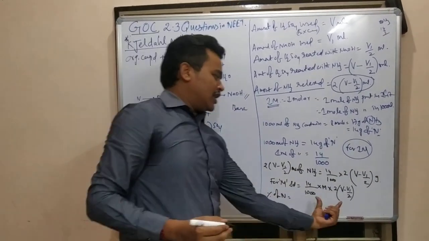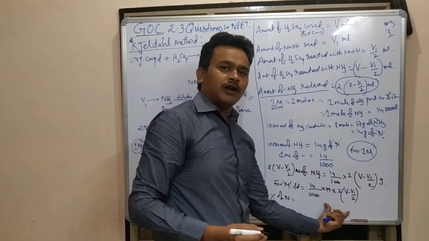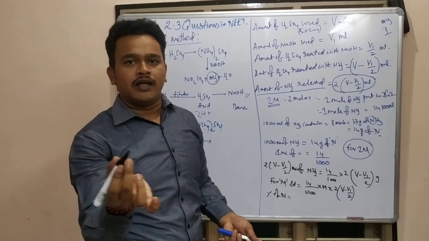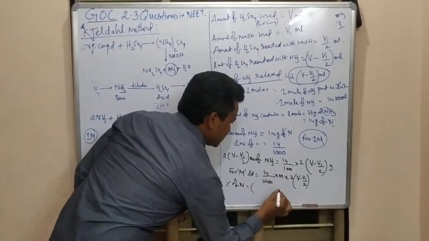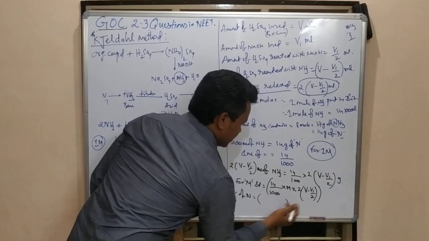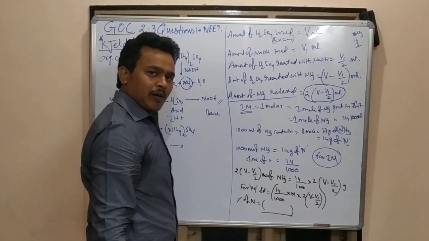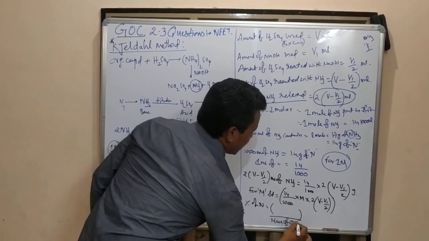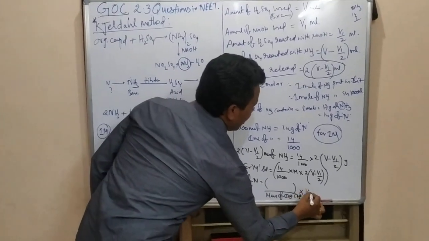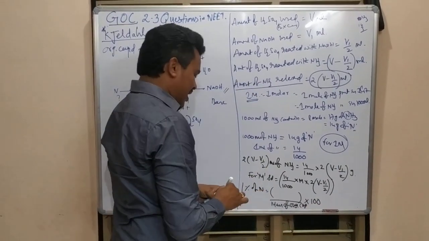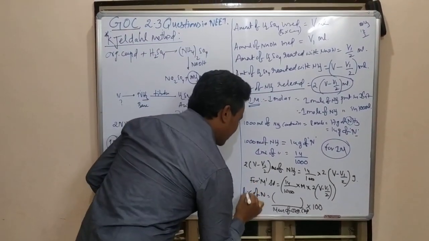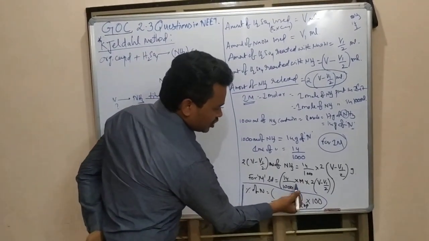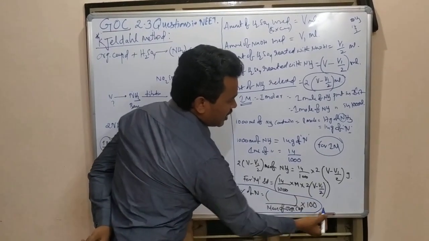Like your marks by total marks into 100, this much amount of nitrogen by mass of organic compound into 100. This is our percentage of nitrogen.